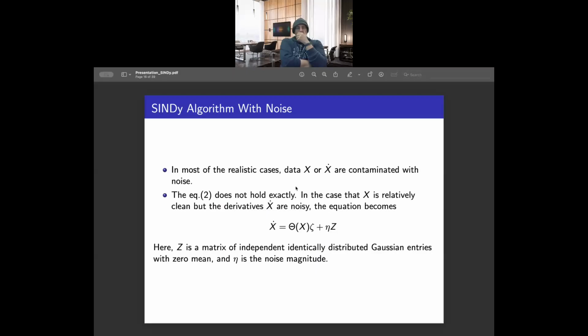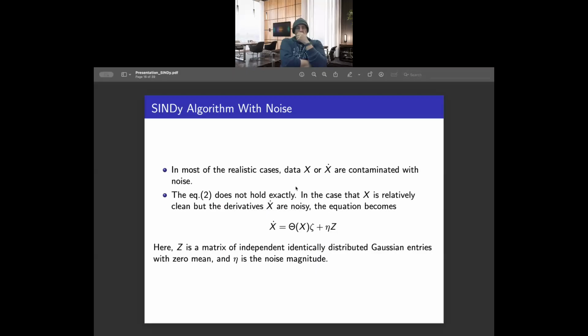So in equation 2 that we are using, that's not exactly what we have, where x dot is the augmented library times the coefficient matrix. Usually what we have is x dot equals the augmented library times the coefficient matrix plus some noise. In this case, because we were doing experiments with this, we assume that this z is i.i.d. Gaussian entries with mean 0 and variance eta.